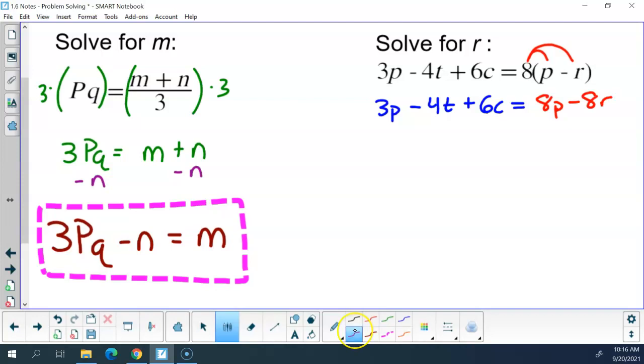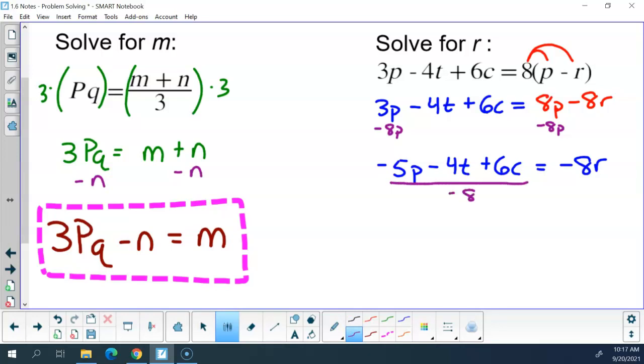Then I would subtract 8p. Then I would divide by -8.